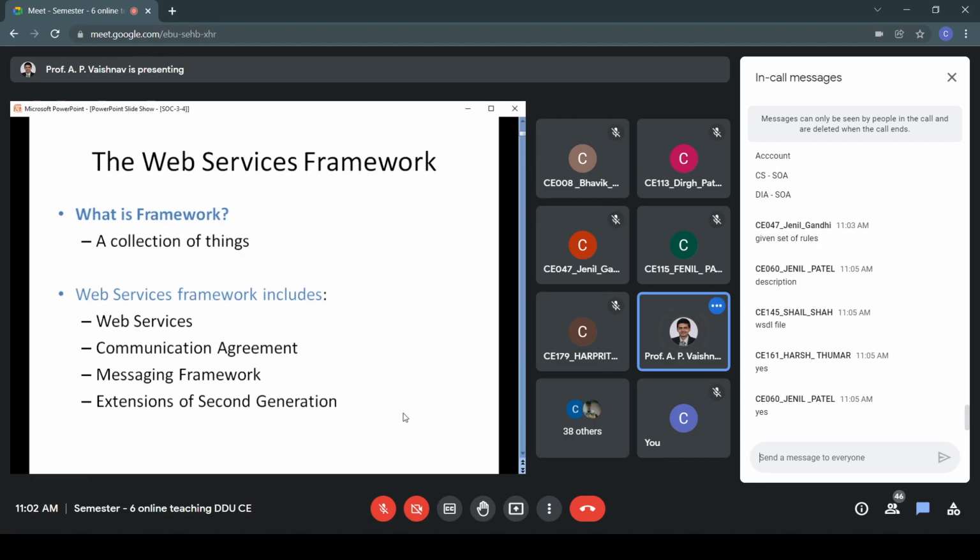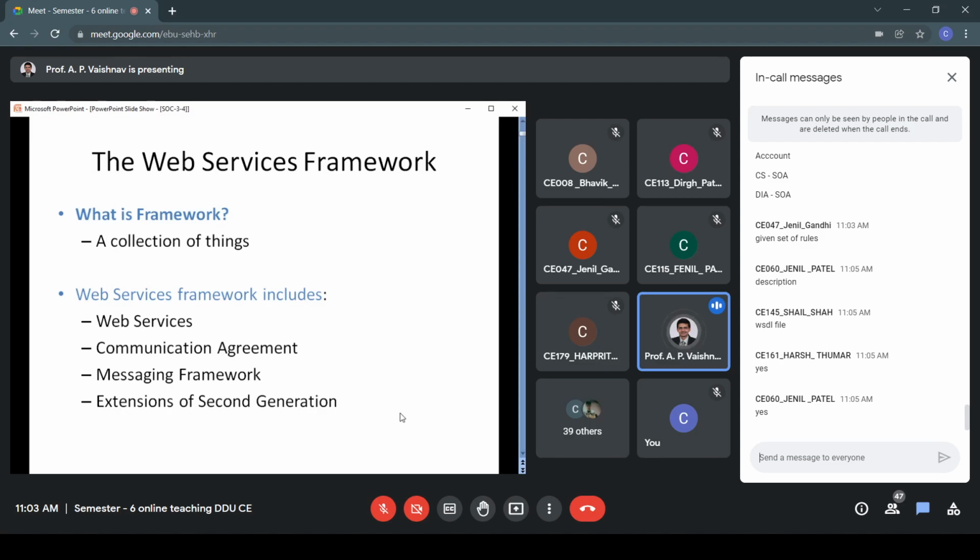So when we get the WSDL of our provider service, we can say that we are forming an agreement between our service and the provider service, right? So if you want to create a web service framework, the second component requires an agreement kind of mechanism, and the example is WSDL.